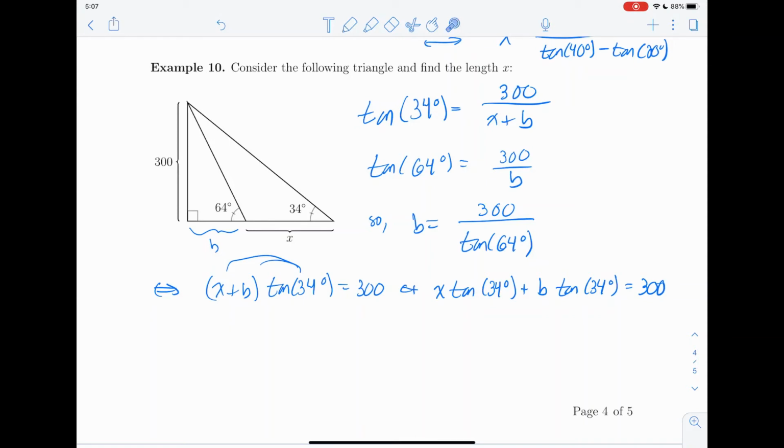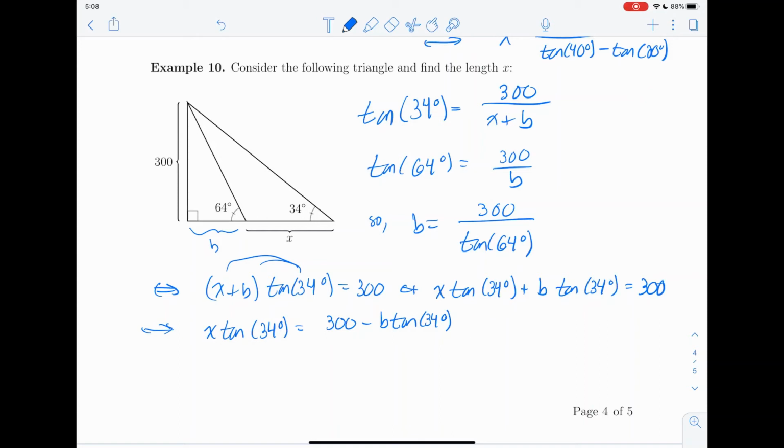Now if I take this term without the x and move it to the right-hand side, I'm going to end up with x tangent of 34 degrees is equal to 300 minus b tangent of 34 degrees.